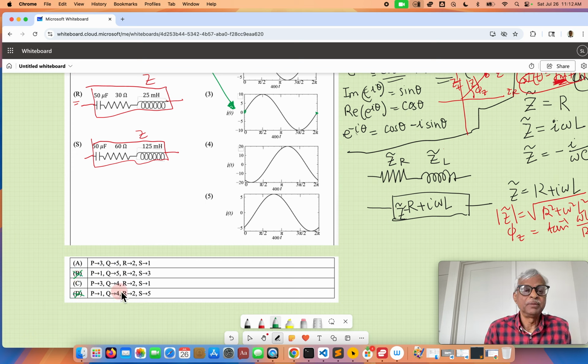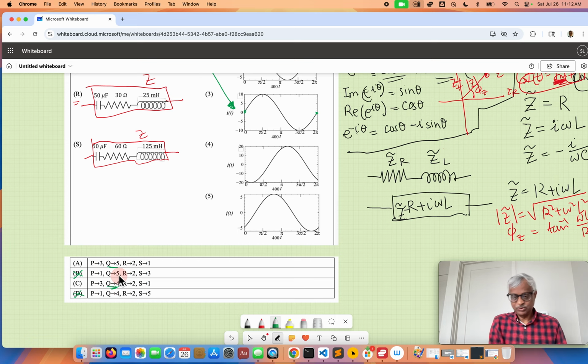So my study is to just then look at what will distinguish between these two guys. R can't distinguish, S can't. So I have to do Q, right? The Q will distinguish between A and C.